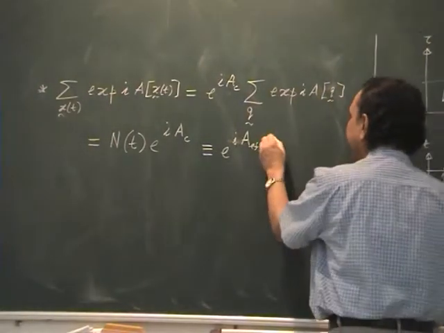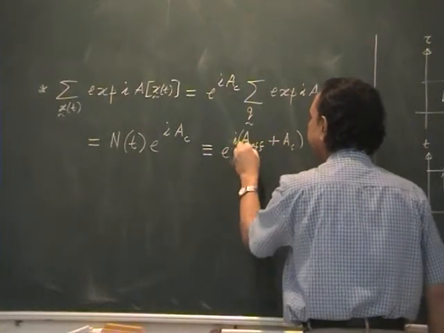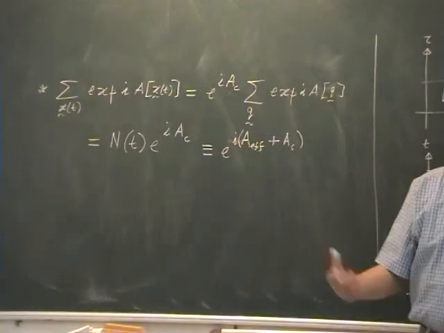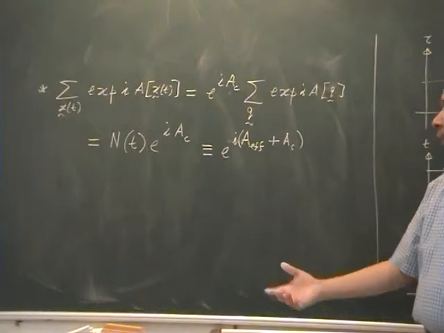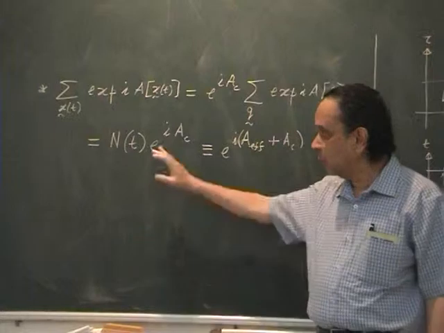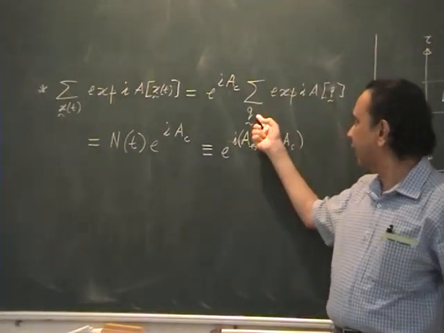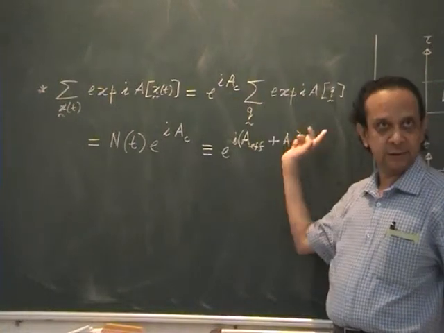And most of the time it is convenient to separate out this classical action, so you write it like this. This effective action comes entirely from quantum mechanics. That is this N of t. Okay. Now, what do you get when you compute N of t? This N of t comes from quantum fluctuations.